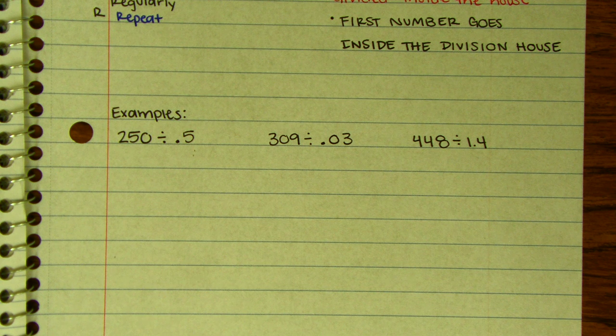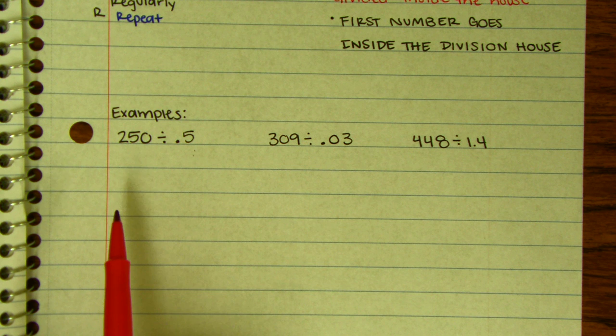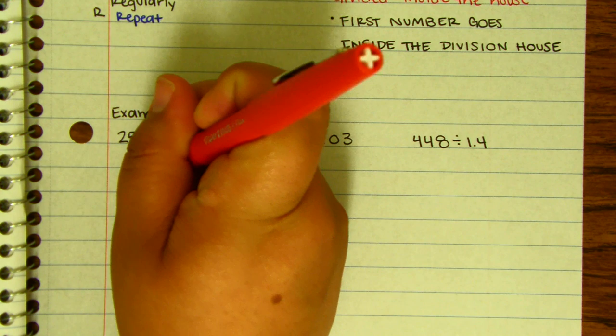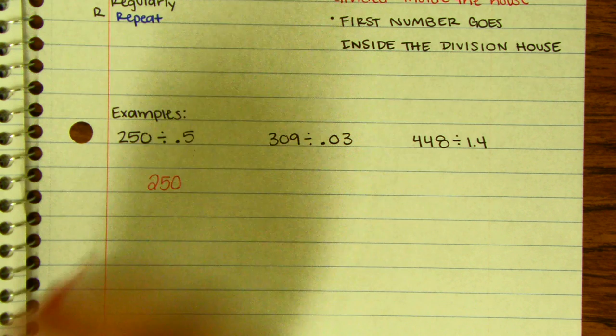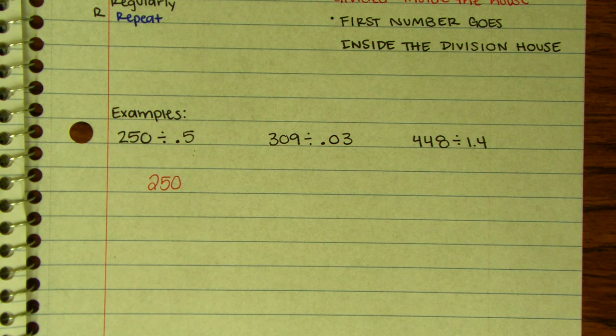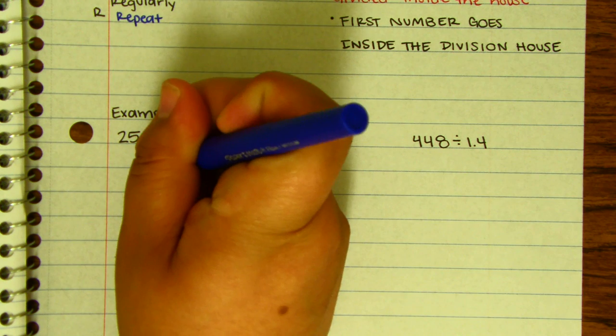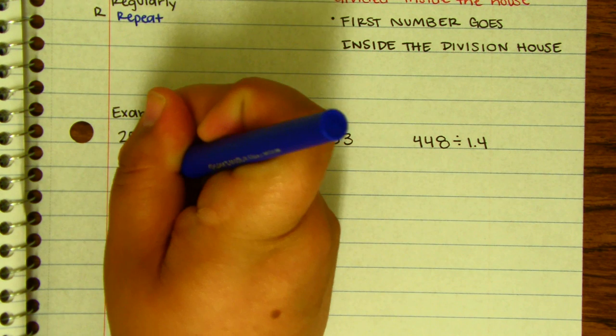So let me go ahead and write this as a division problem. 250 is my dividend, so that's the number that's going to go inside the house, while 0.5 is my divisor, and that's the number that's going to go outside the house.